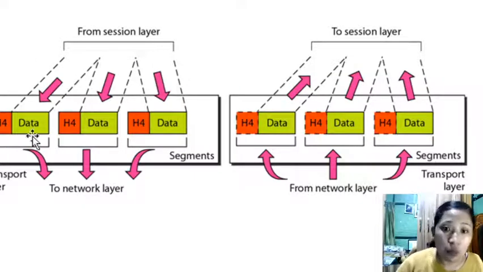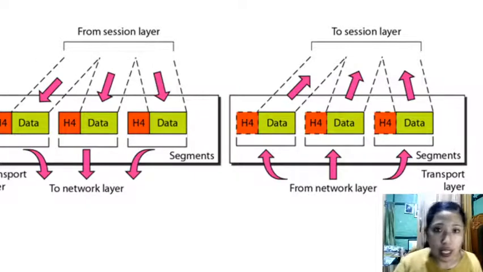In the transport layer, each packet is called a segment. As we discussed, in the data link layer it is called a frame. I forgot to mention that in the network layer each message is called a packet. The same thing in the transport layer is called a segment.